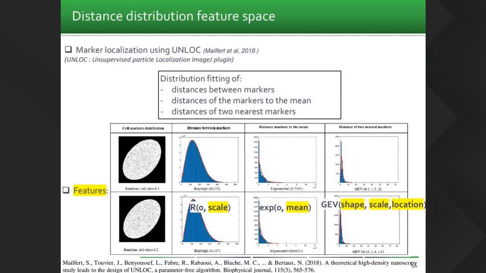Once we have these three distance distributions, we can fit them with real probability distributions: Rayleigh distribution, exponential distribution, and generalized extreme value. After that, we took these five statistical parameters of the probability distributions as features.